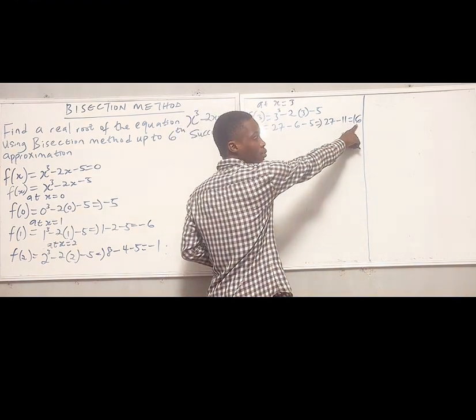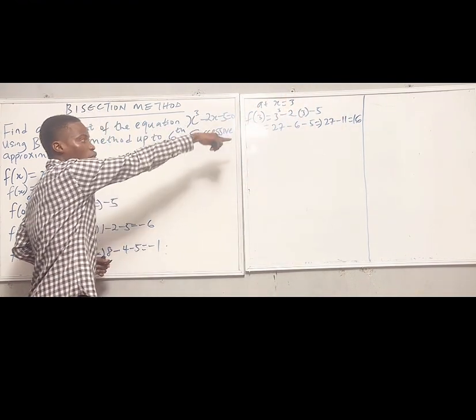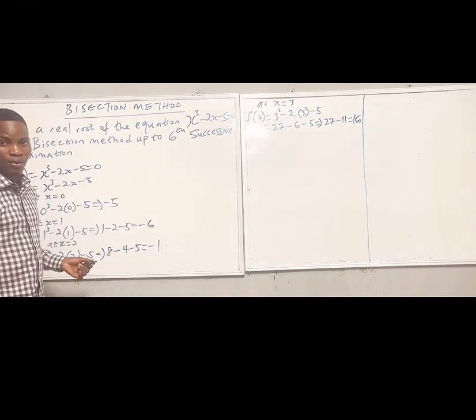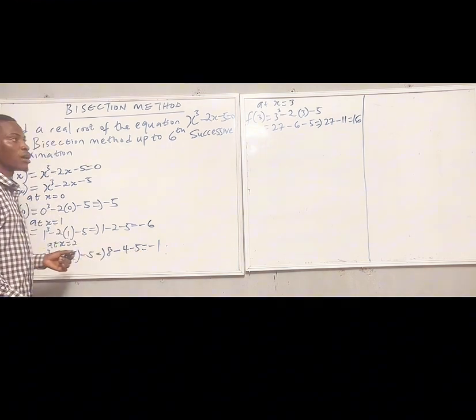But I've gotten positive here, and before my positive, what did I have? Minus 5, minus 1, which is f of 2.